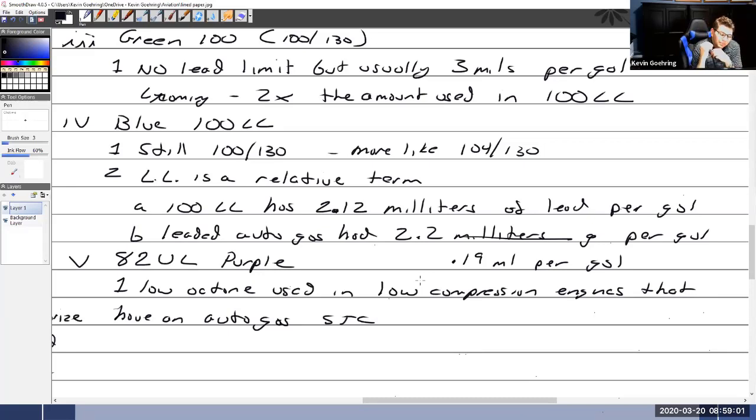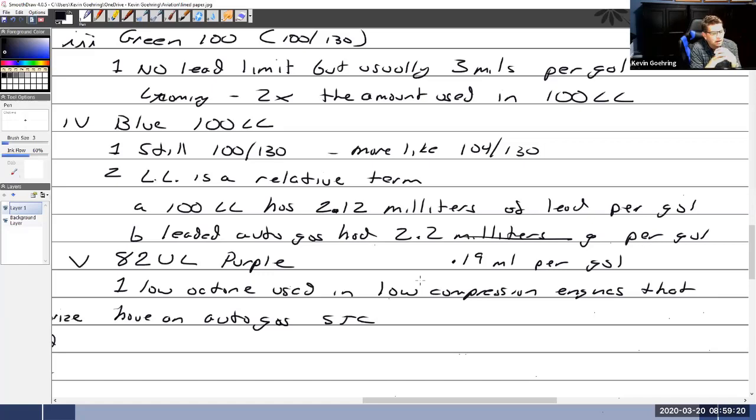Now, Steve's comment is that somebody said, okay, if you're running car gas in your engine to save money, that you're eventually going to have engine repairs that are going to cost you more money than what you saved. Well, being somebody who worked in an engine shop, I never saw that.